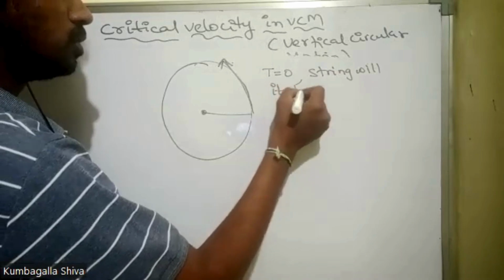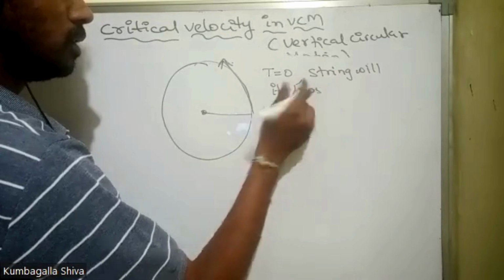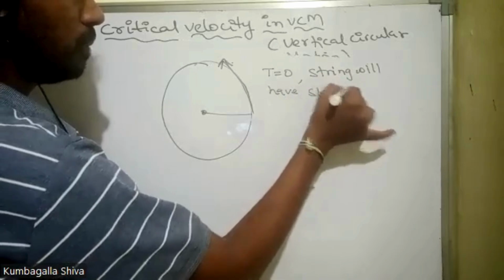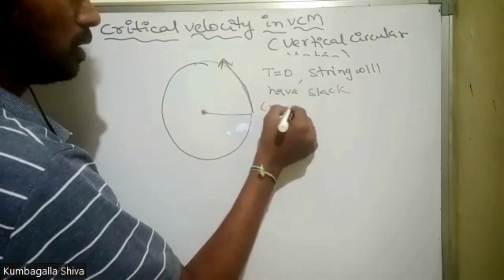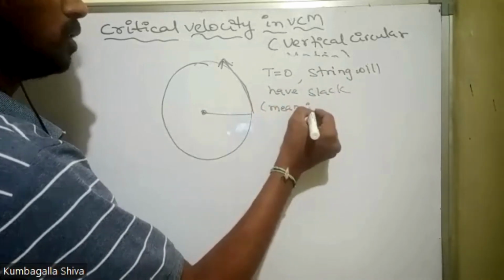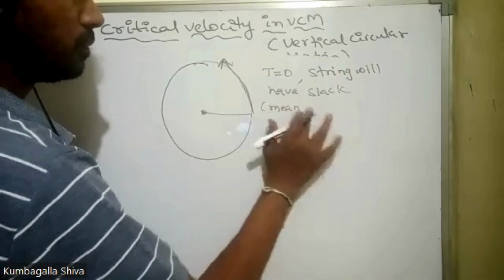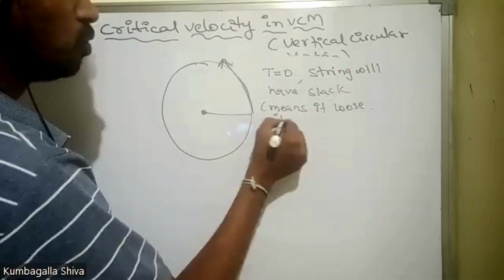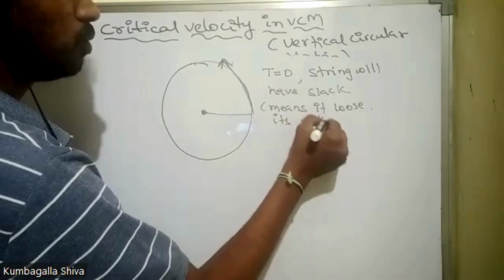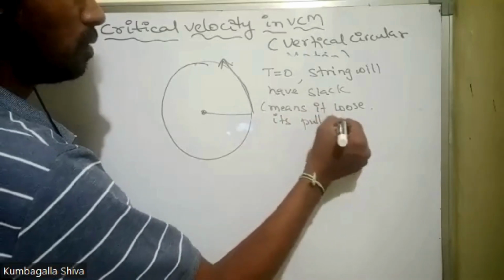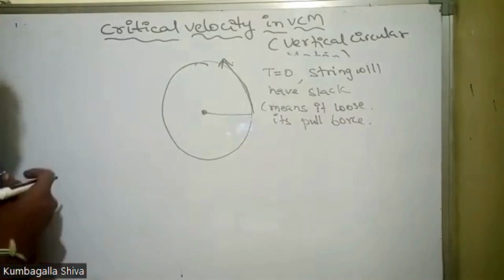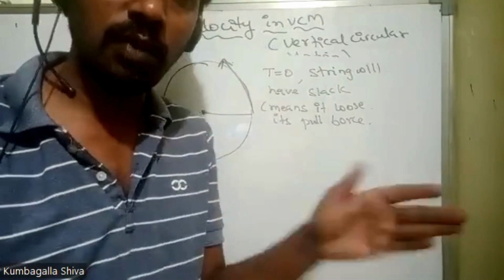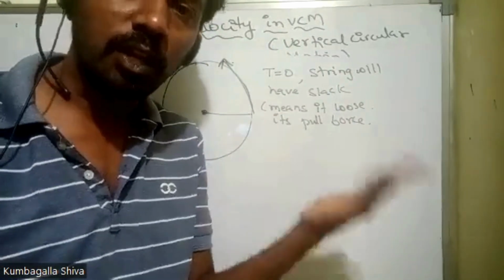Slack means it loses its pull force. So what will happen if it slacks? It will lose its direction. It won't make a circular path.